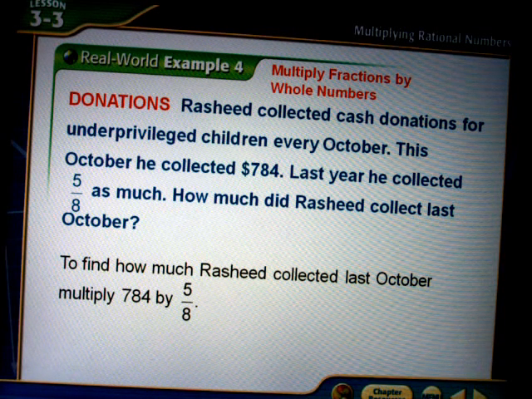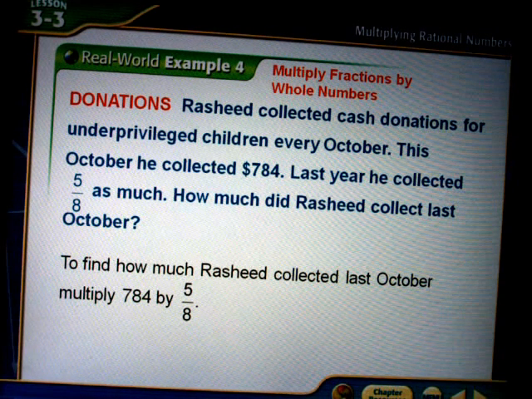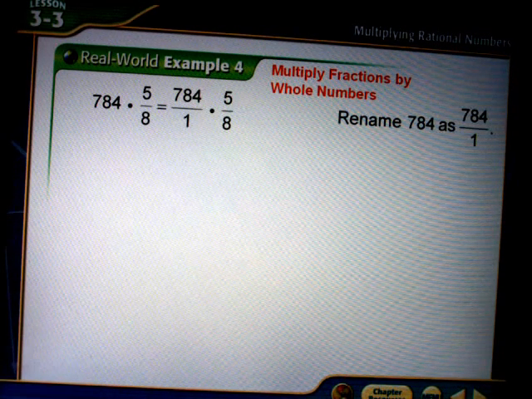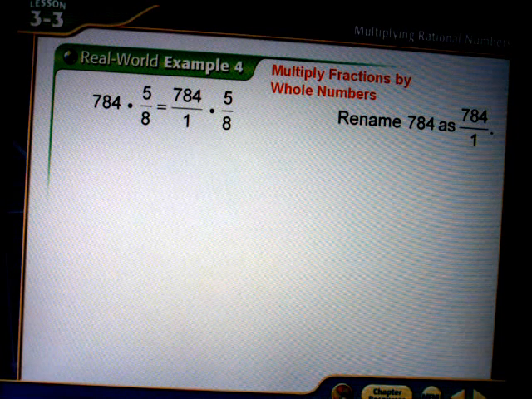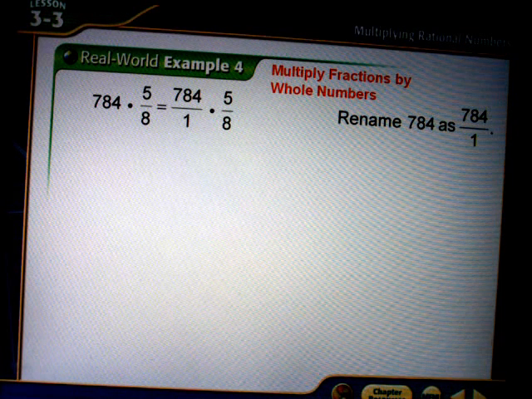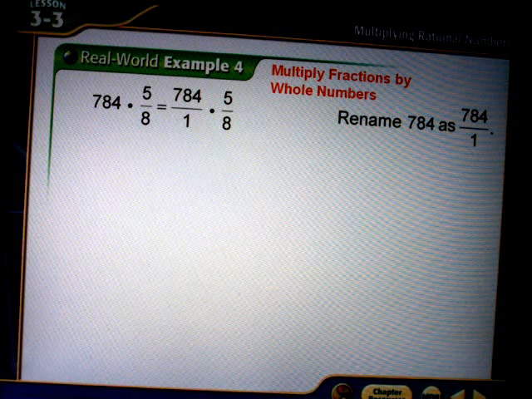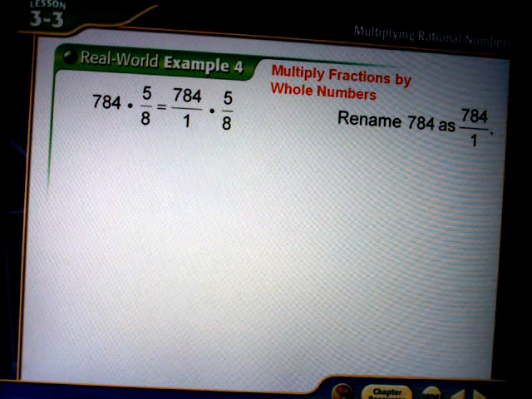So we have this amount that he collected this October, and last October he collected less than 784. So if we multiply 784 by 5/8, we will get our answer. So we're going to rewrite 784 into a fraction, just so that we're dealing with like and like.